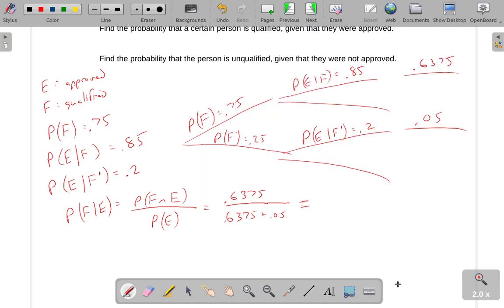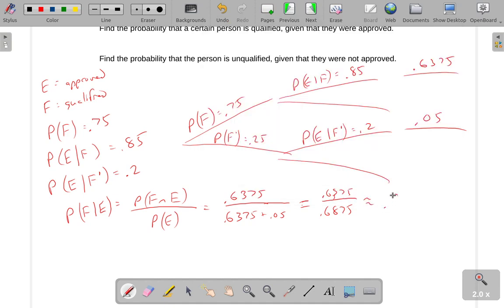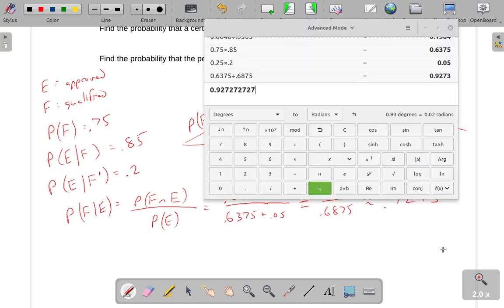So that would be 0.6375 divided by 0.6875 when I add those two numbers together. That gives us 0.9273. I'm rounding to 4 decimal places here.